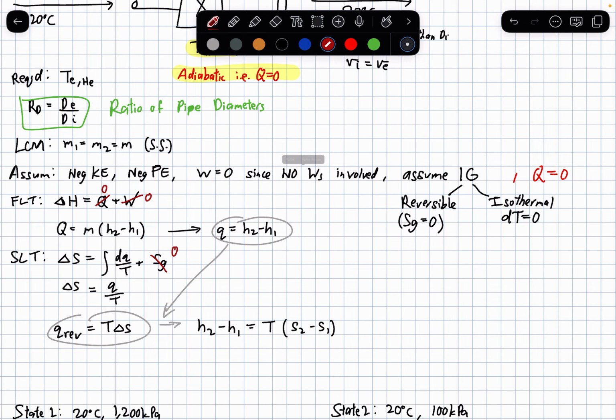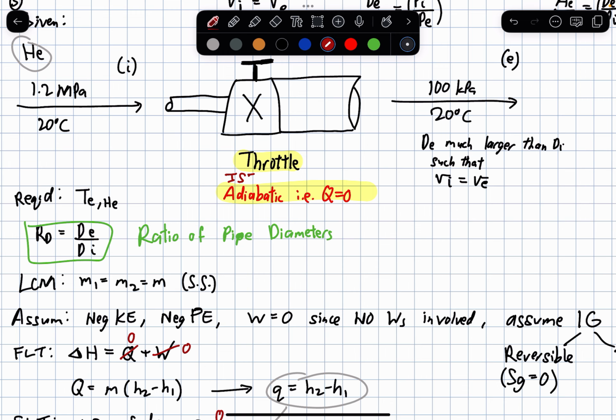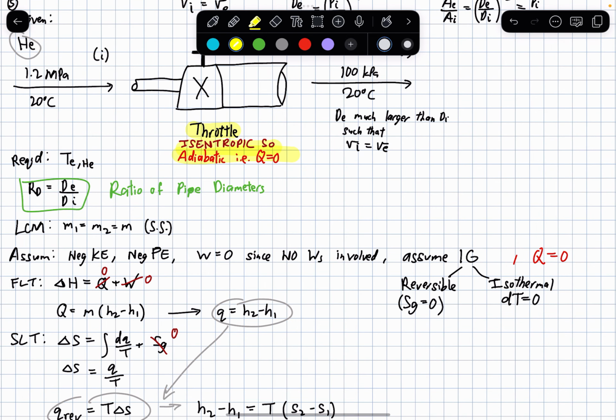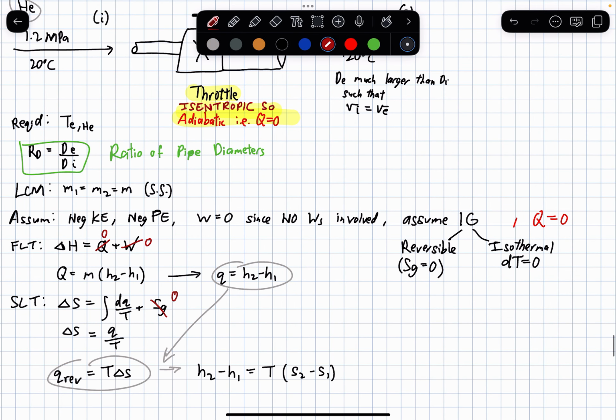So what do we do? Isentropic, no? There are two conditions under isentropic. I can't remember the other one. Ah, okay, reversible.